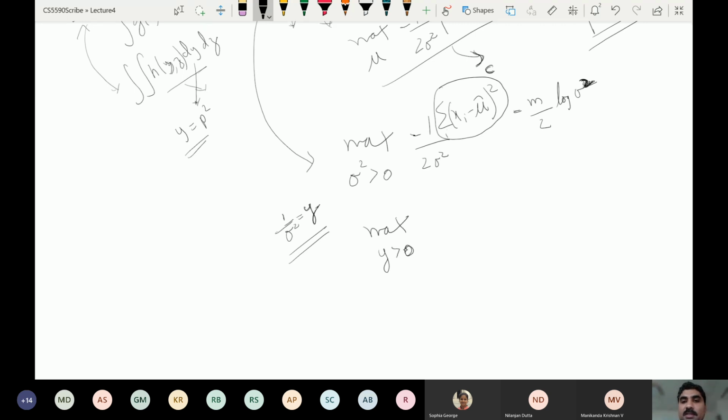Again, y is greater than 0, and here it will be minus c y by 2, plus m by 2 log of 1 by sigma square, which is y, right? So everybody understood this change of variables?